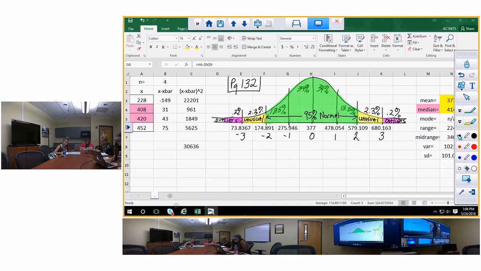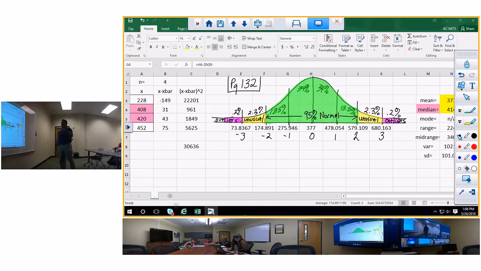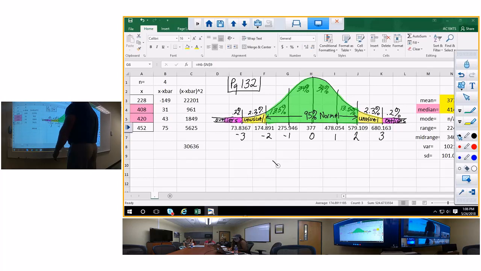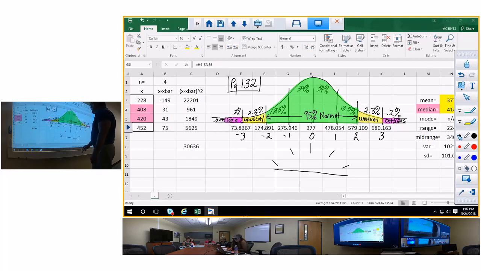Okay? Now, you also need to be able to read from left to right. And I tell students to think of the bell curve as your old indicator on your fuel. Okay? You read over here, what's full left on your fuel indicator?